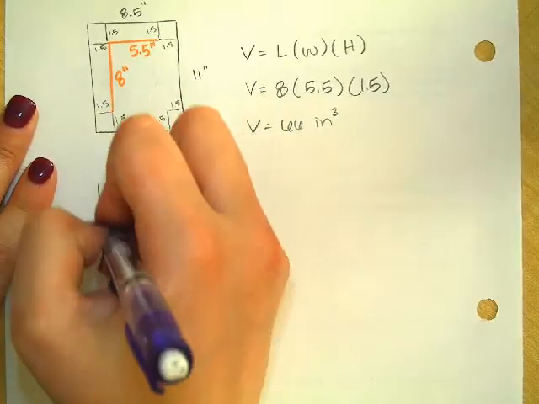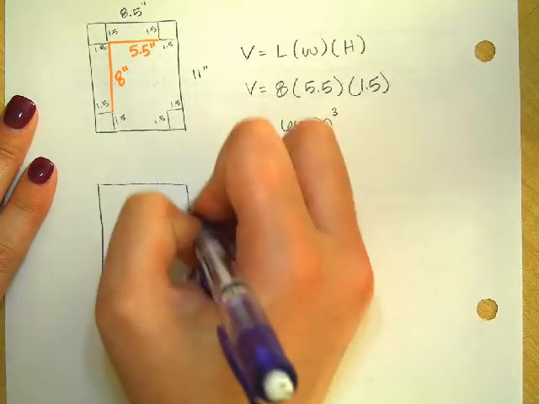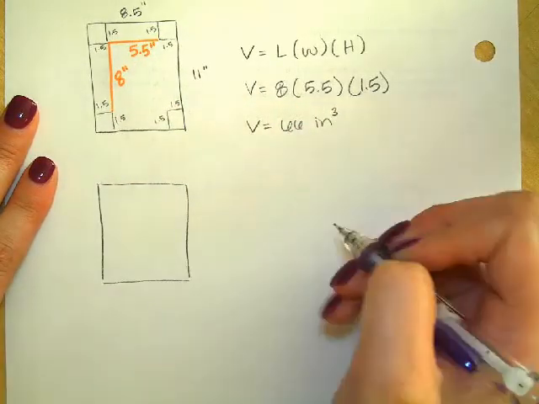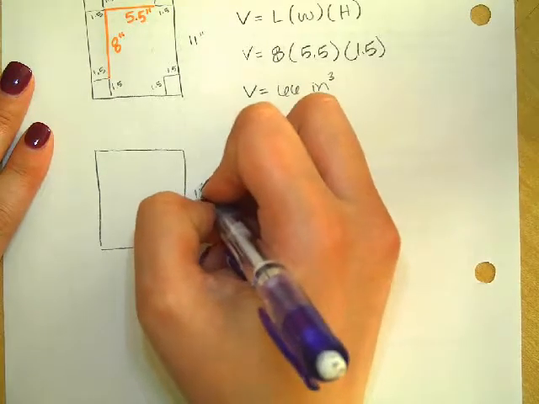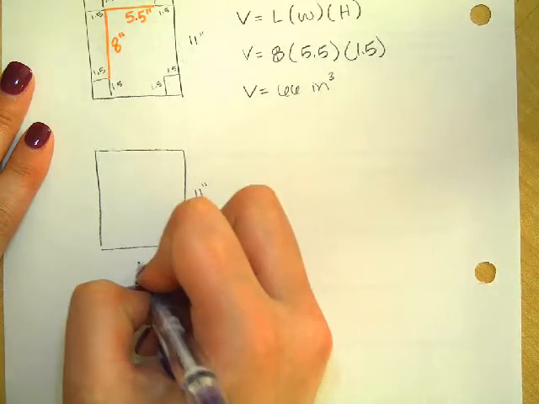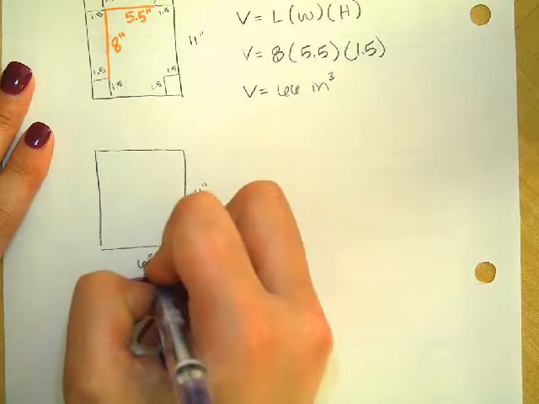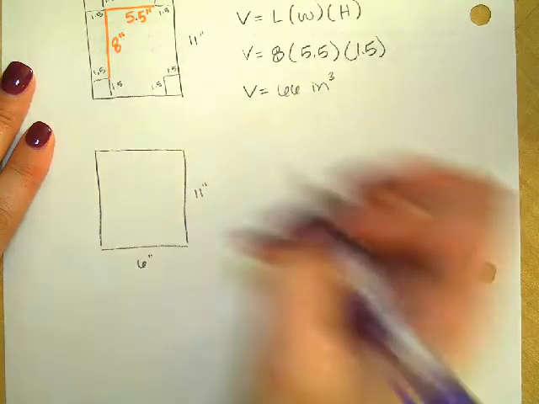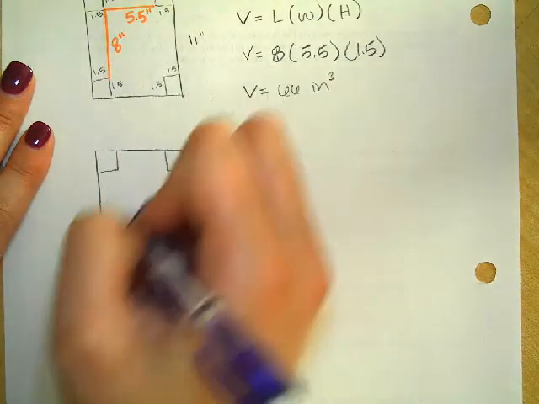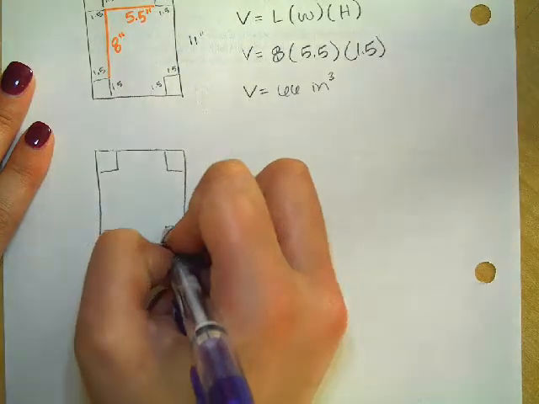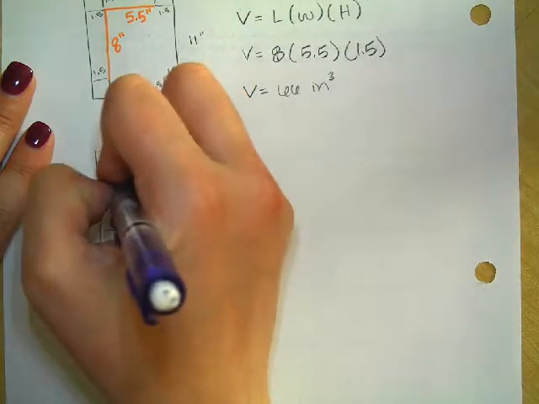Let's try a different sheet of paper this time. We're going to say this sheet of paper is 11 inches by 6 inches. It's a smaller piece of paper, and this time I'm going to cut out corners that are 2 inches, 2 inches, 2 inches, 2 inches.